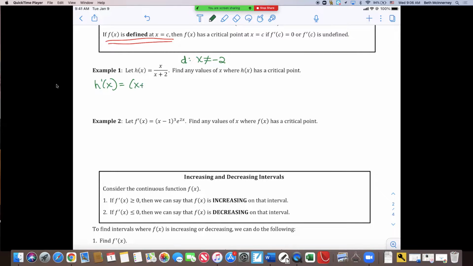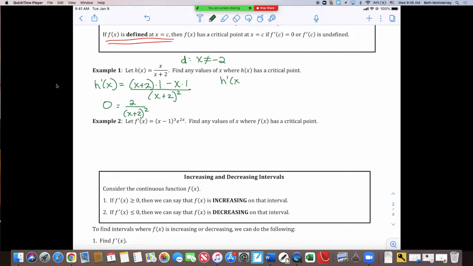So I'm getting low d high minus high d low over low low. And I want to know where that derivative is 0, so I would get x plus 2 minus x, so that's 2 over x plus 2 squared.